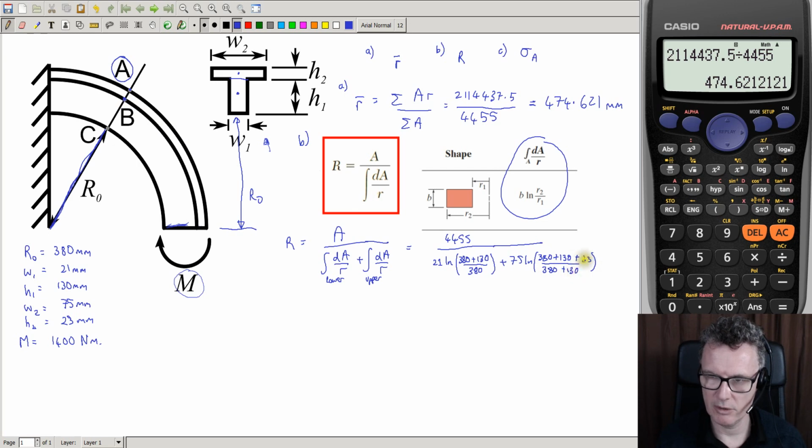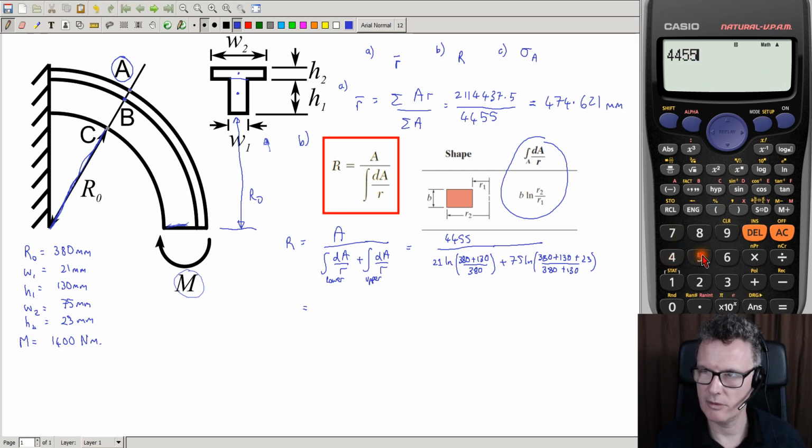You can see how you're just dropping off that number each time. So let's stick that all into our calculator and see what we get. So let's try and do that in one go. 4455 divided by, right, so I've got my bracket. 21 times by natural log.